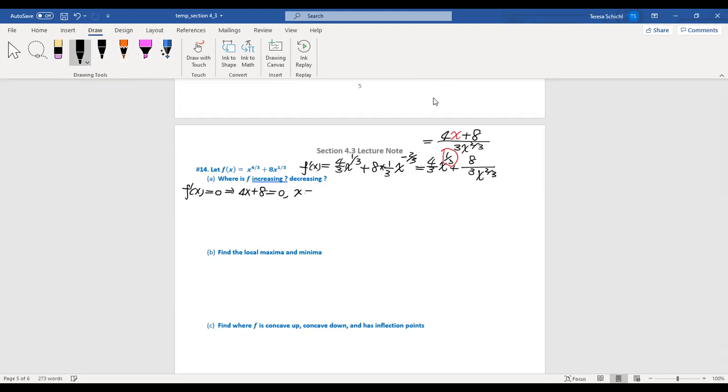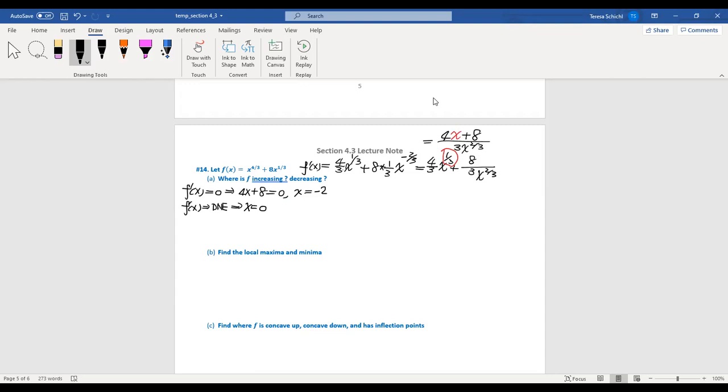So what is x here? x is negative 2, right? And also we say, hey, we need to find where f prime x does not exist. Is there any point that exists in the original domain and does not exist in the first derivative? Oh, yes. Is x equal to what? x equals 0 because it is in the denominator, but x equals 0 does exist in the original, right?